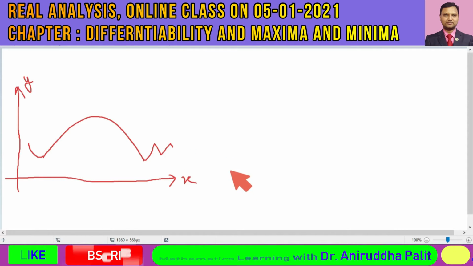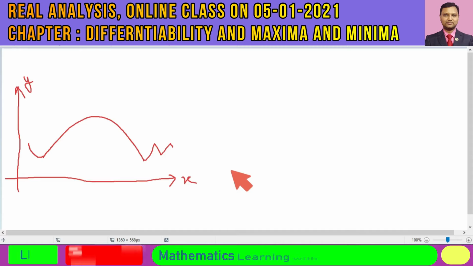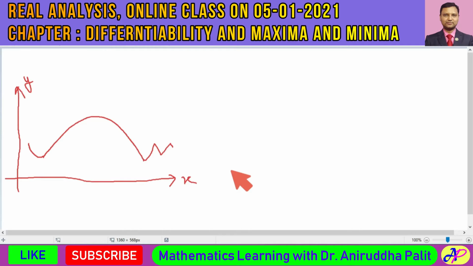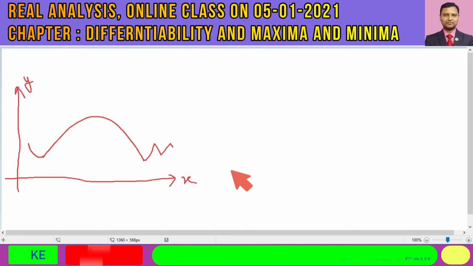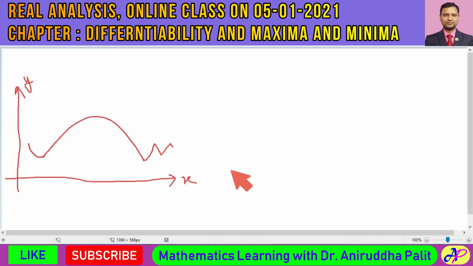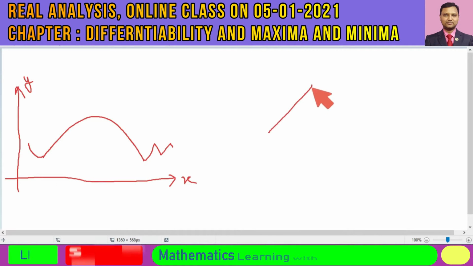Now, generally, you answer the question in this fashion: whenever the function has the derivative equal to zero, at that point the function is said to have a maximum value or minimum value. But that is not the definition, because there are certain functions, like you see over here, this kind of function.